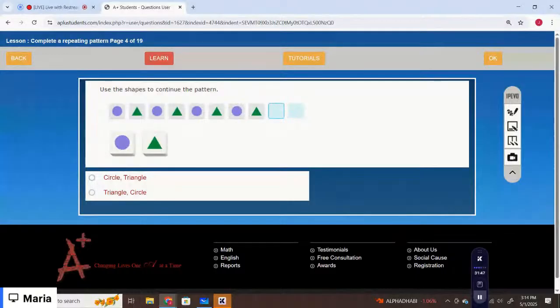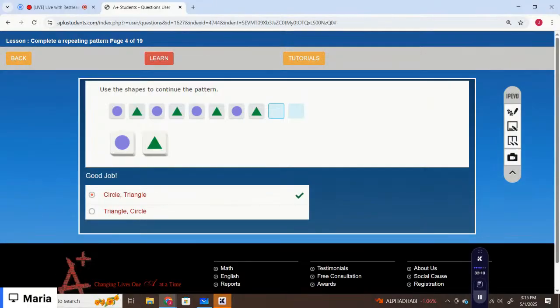Use the shapes to continue the pattern. The next one is circle and triangle. Option number two is the correct option. That is circle and triangle.